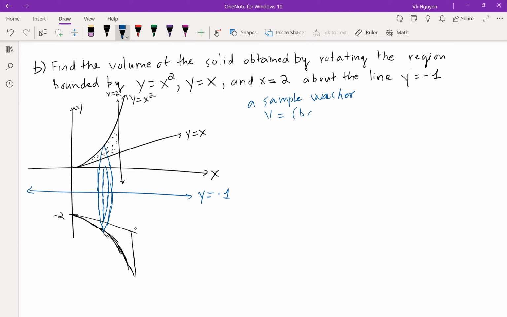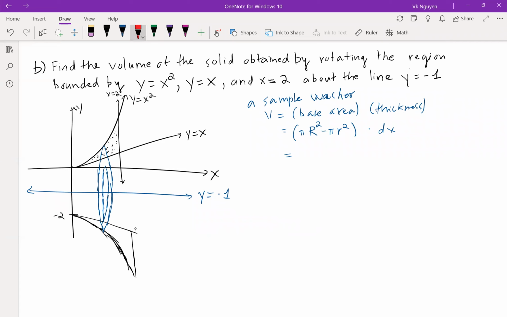It has the volume of base area multiplied by thickness. The base area is going to be pi bigger R squared minus pi smaller r squared. Thickness here is dx because the sample slice is perpendicular to the x-axis. Now we have to figure out the bigger radius.